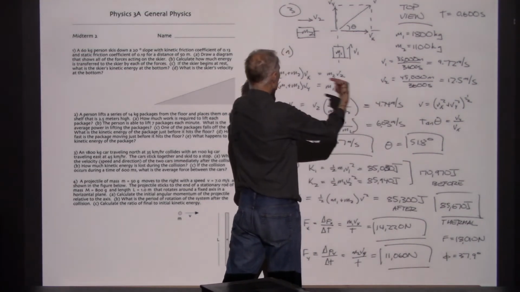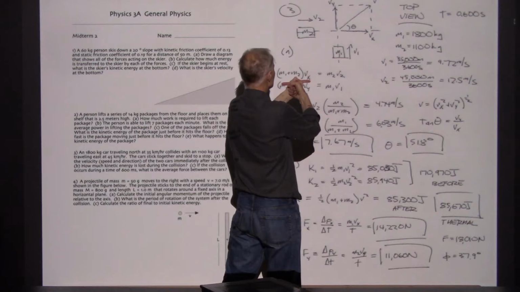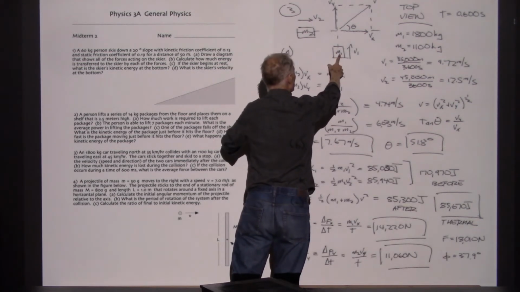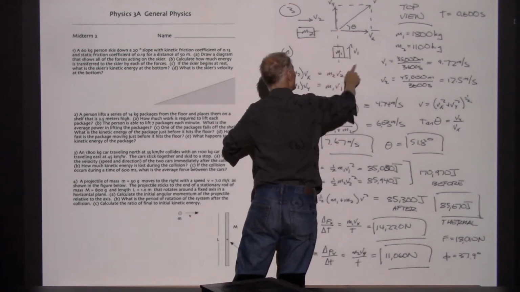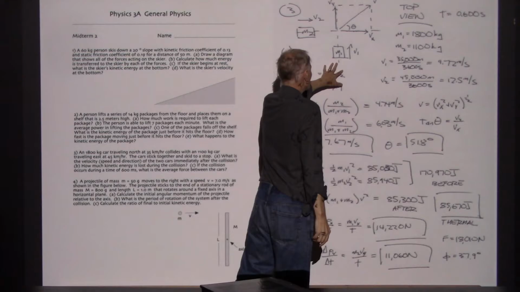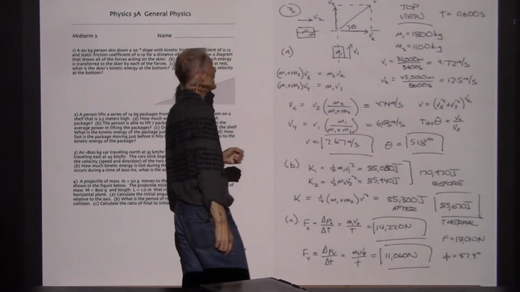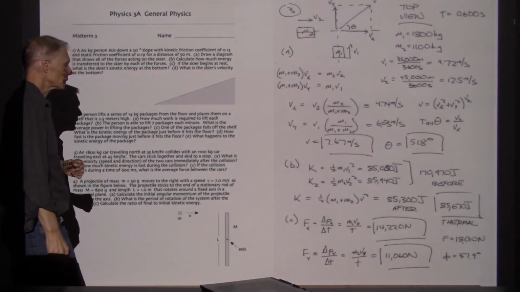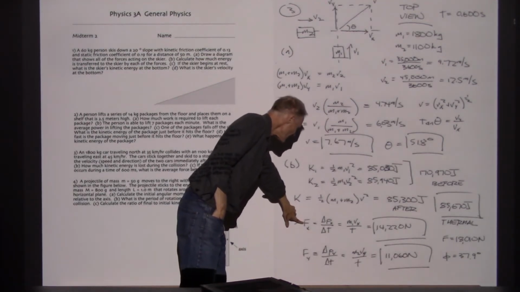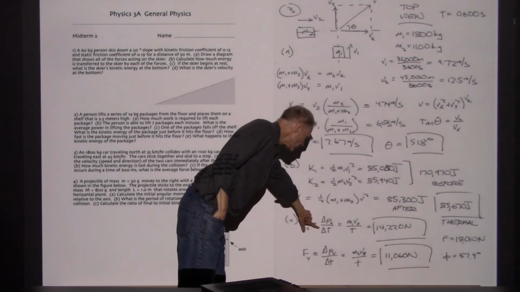So in terms of the X direction, car 2 gets slowed down, car 1 picks up speed. This would be the easier object to work with because initially it had no momentum in the X direction. So I'm going to say the force in the X direction is given by delta momentum over delta t.